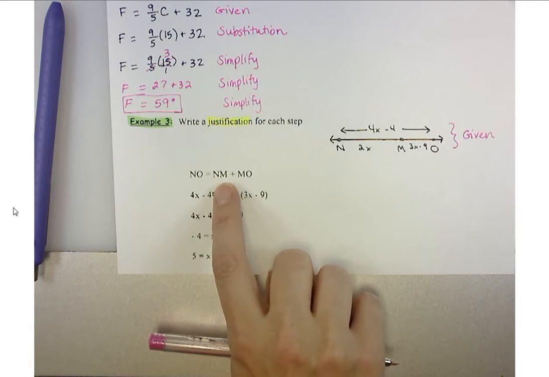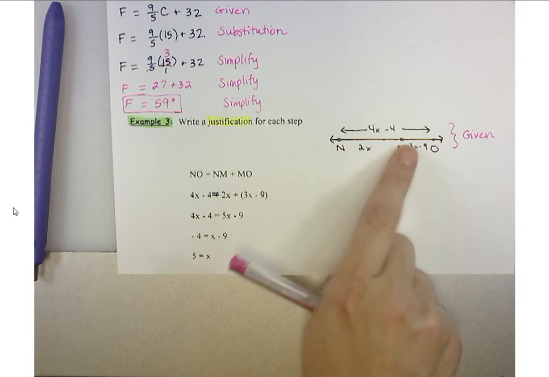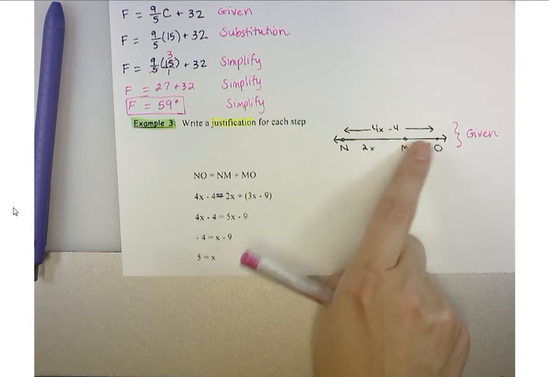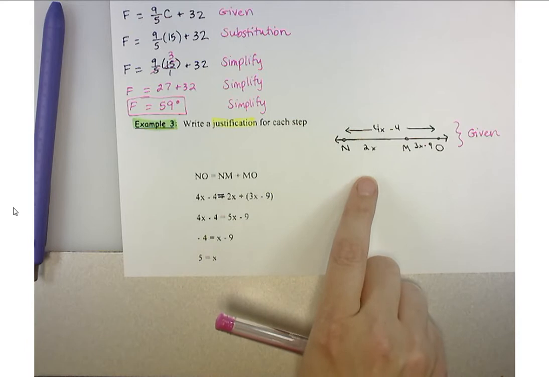And it's not reflexive, because reflexive has to be equal to itself. No, it's not given. So it's saying NM, this piece here, plus MO equals NO. So it's saying this segment plus this segment equals the big segment. No, but it's getting closer.